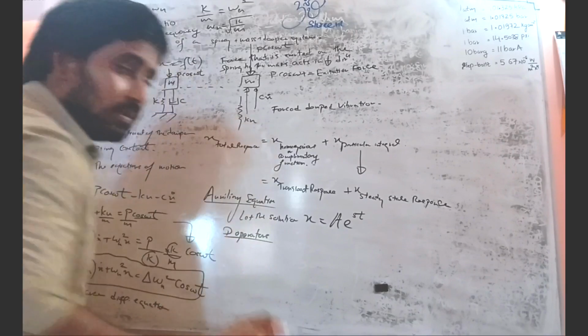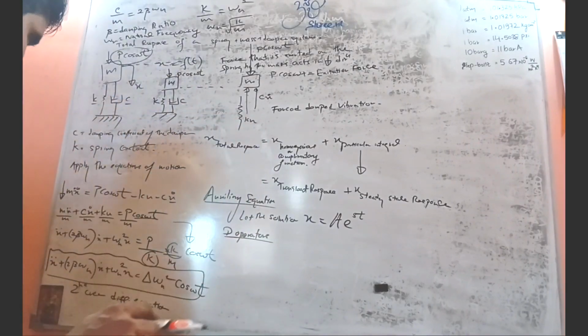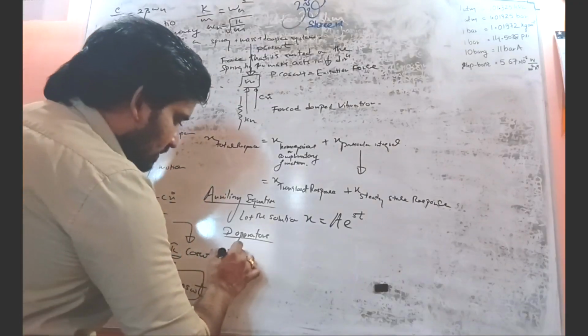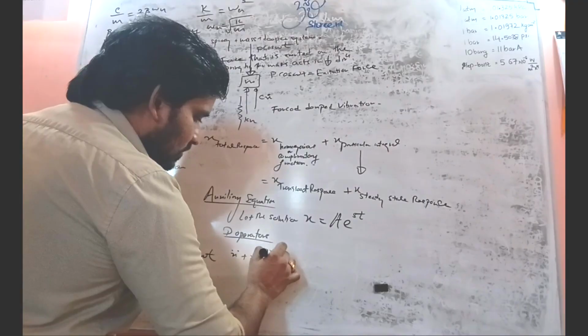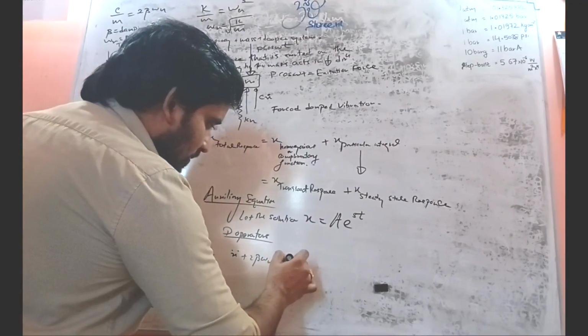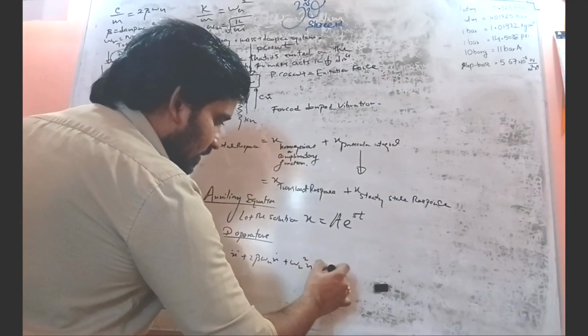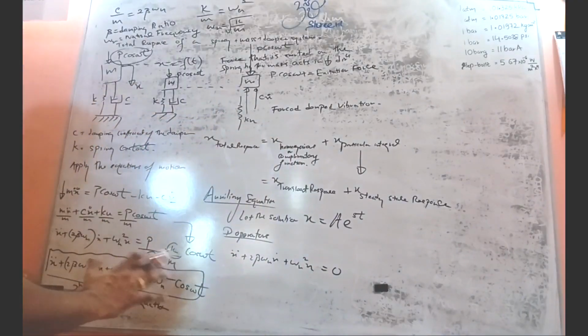If we use D operators, what we can basically do is now only consider this part, x double dot plus 2 beta omega n x dot plus omega n squared x equals 0. Let's consider that part.